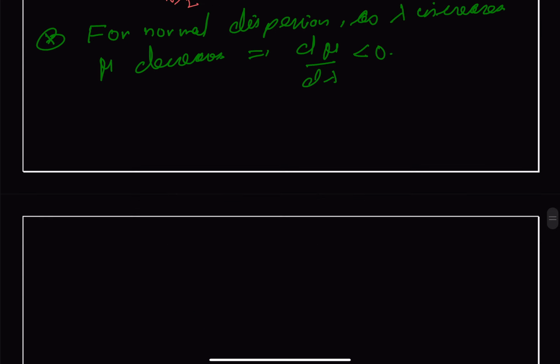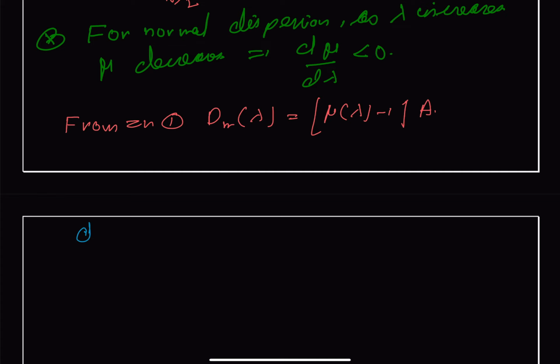So we can modify equation 1. From equation 1 we can write that dm, which is a function of lambda, equals refractive index, also a function of lambda, minus 1, multiplied by a. And we can simply differentiate it.